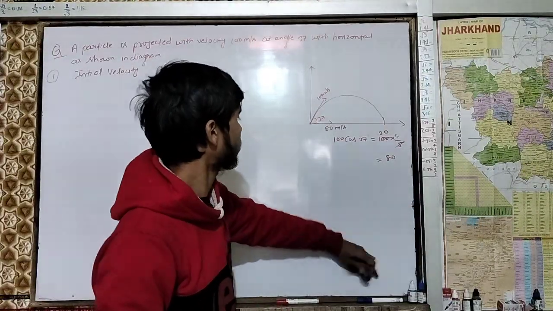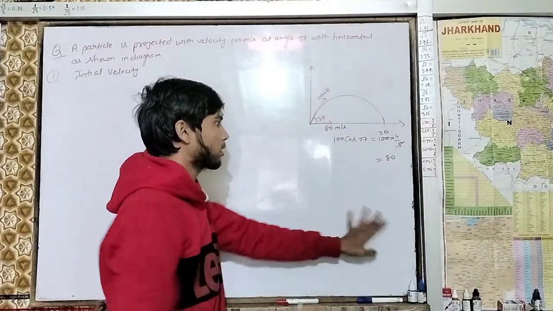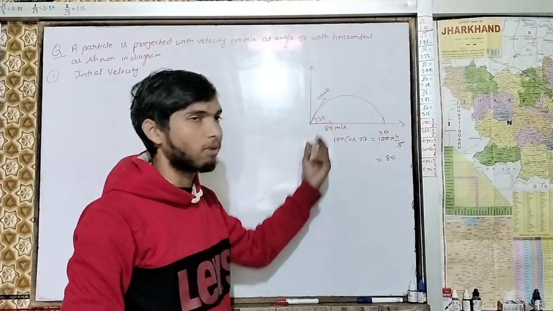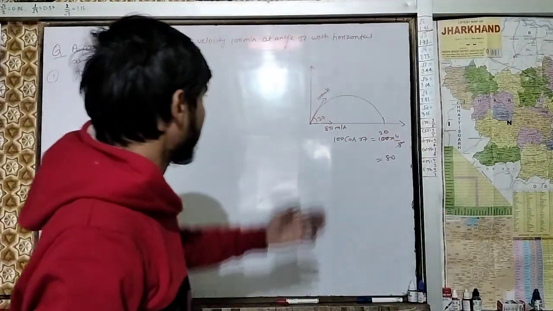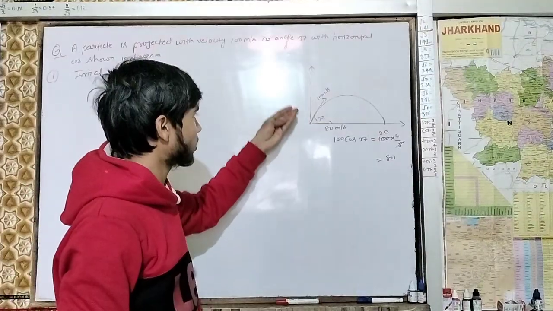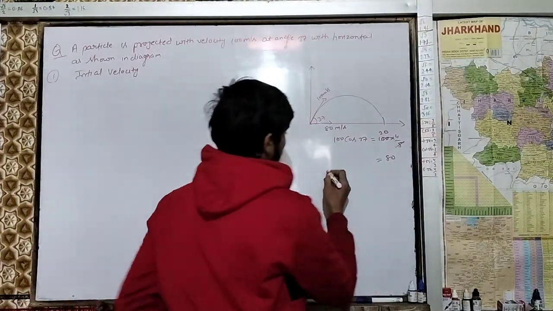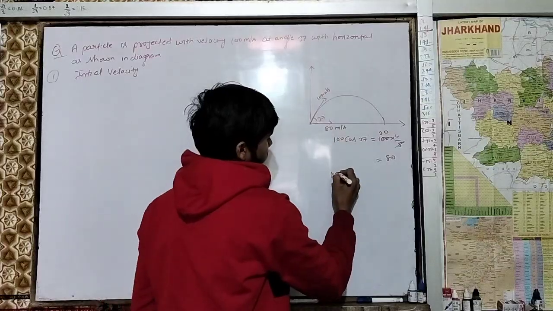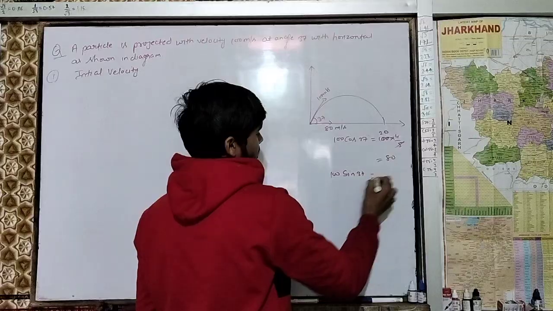Now you are able to calculate this velocity for horizontal because u is given. With the help of u you can also find the y velocity. So this will be 100 sin theta. Sin 37 is 3 by 5.